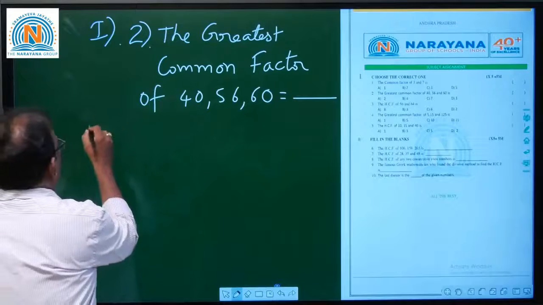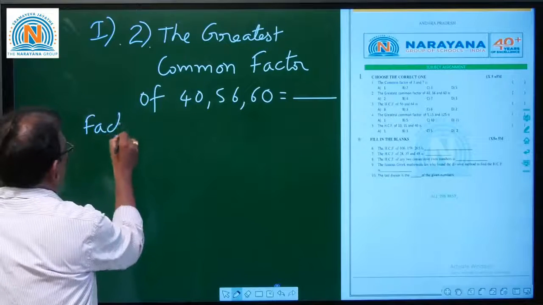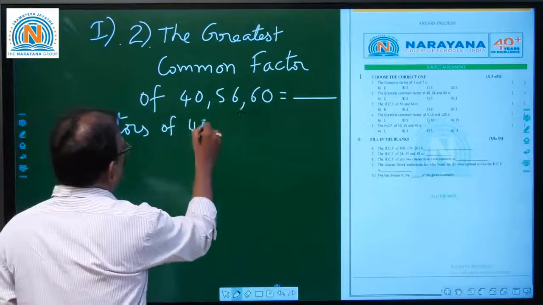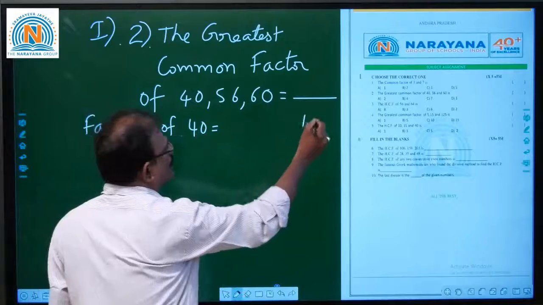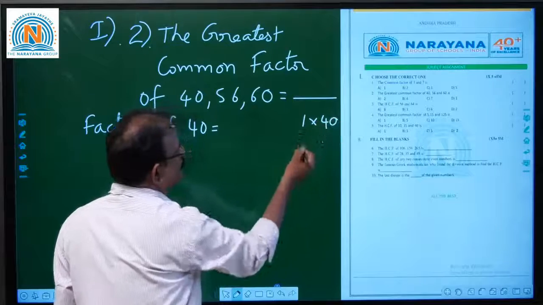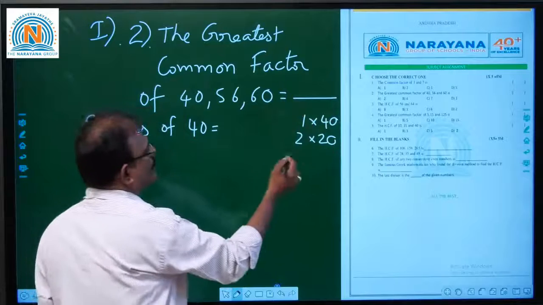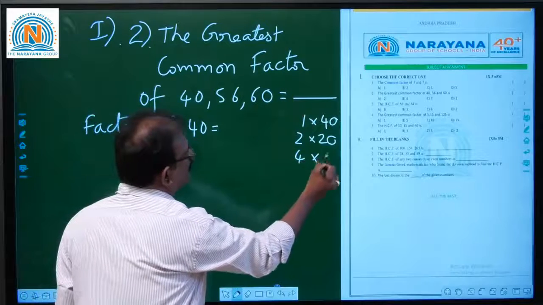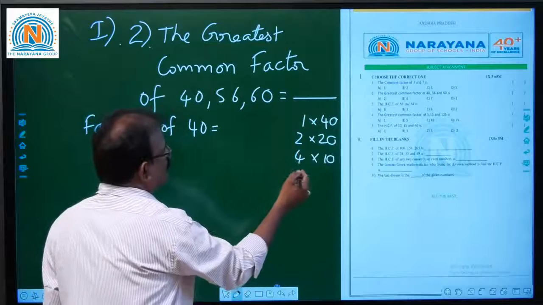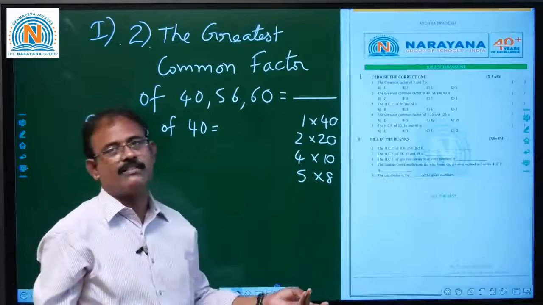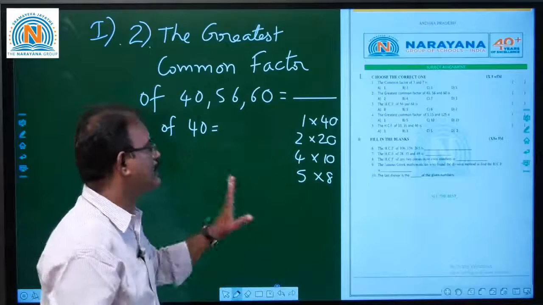So, what are the factors of 40, children? 1 40 is 40, 2 20s are 40, 3 does not divide, 4 10s are 40 and 5 is not there. Okay, 5 8s are 40. Between 5 and 8 we have 6 and 7. They are not factors of 40. That's all.